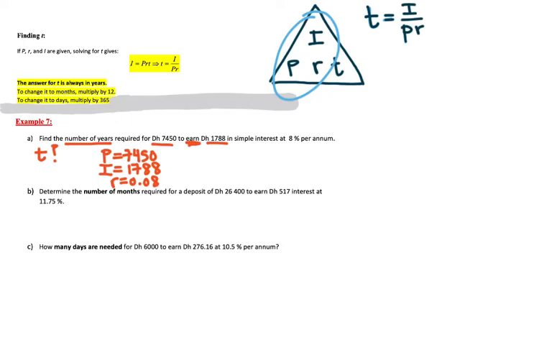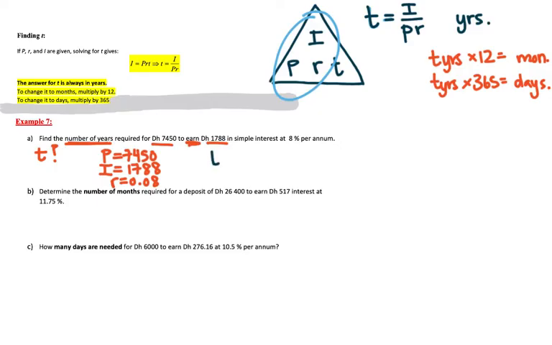Just remember though that this will always give you the answer in years. If later they ask for the answer in months, T in years, you would multiply by 12 to get months. If they ask for days, you'll multiply by 365 to get days. Now in this, they just asked for years, so we'll be just fine the way it is.